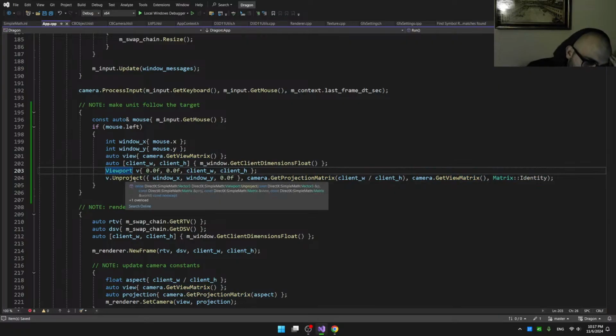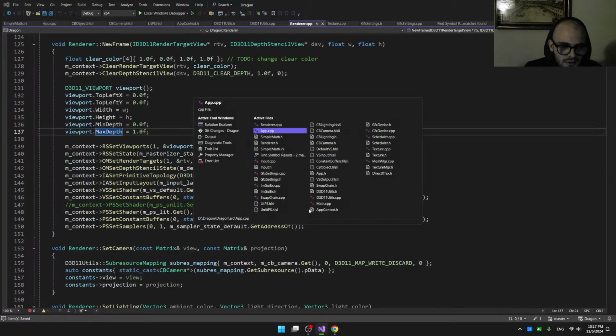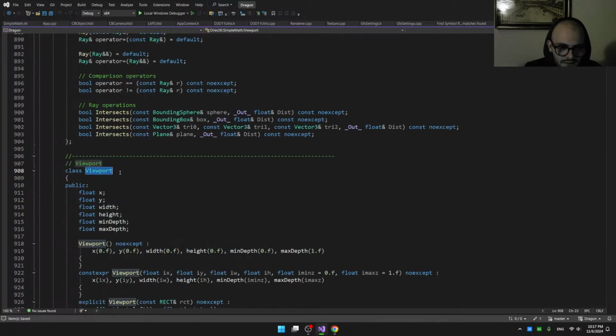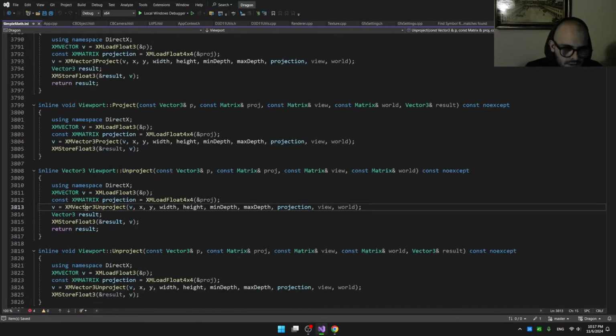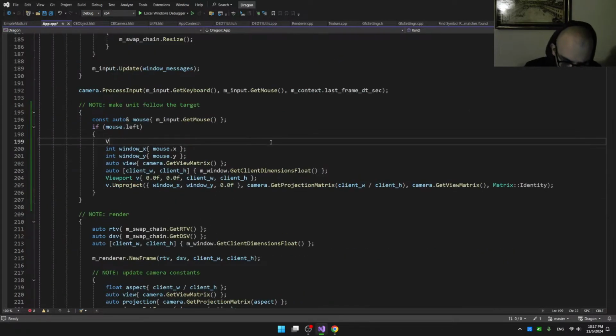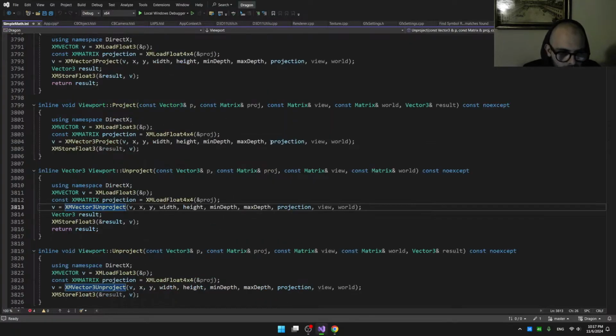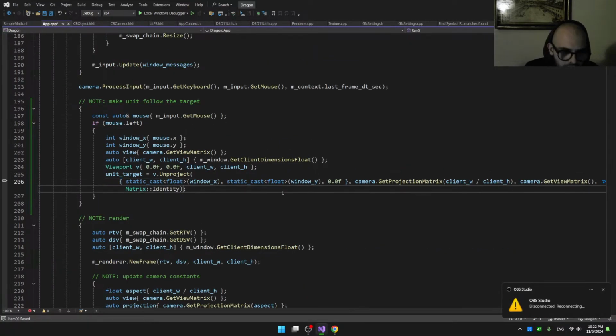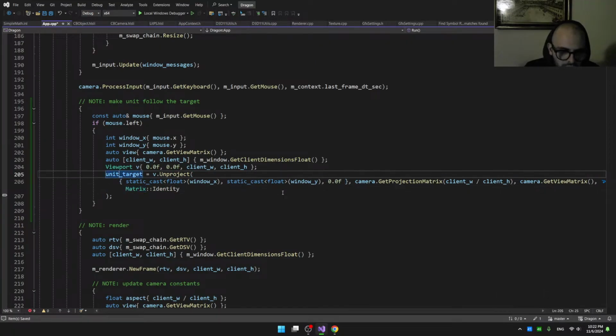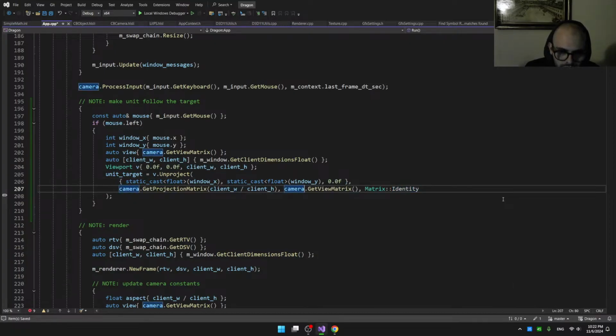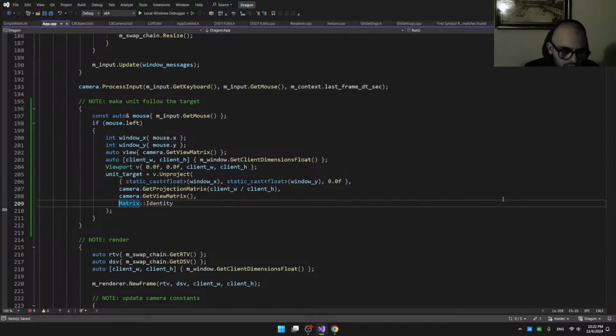Why the viewport? Why the viewport? Oops. Why not call the... Oh, because... Are you happy now?